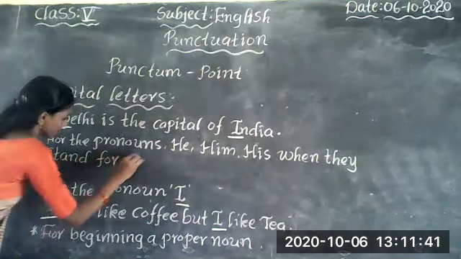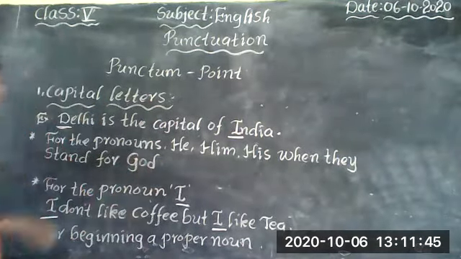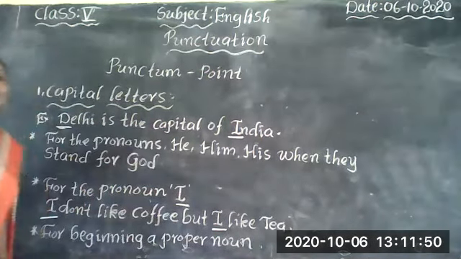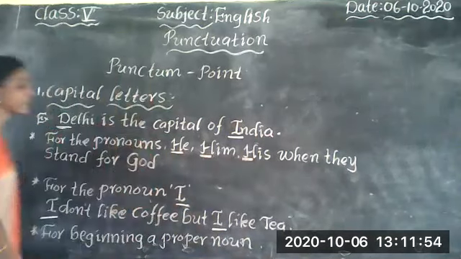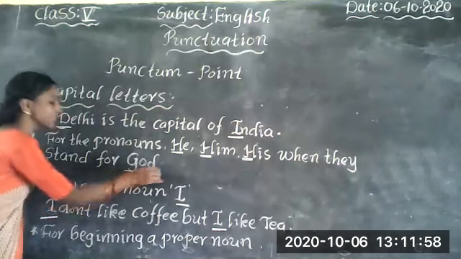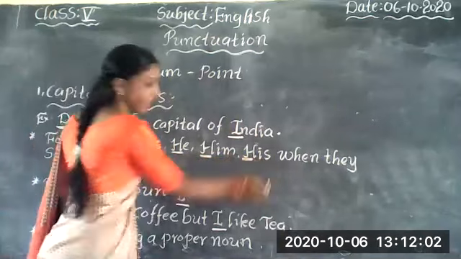So the pronouns he, him, his, we should use capital letters when they stand for God. In the place of God, whenever we use them in the place of God, at that time we have to use he, him, his with capital letters.